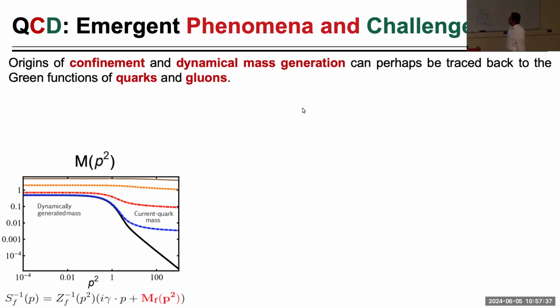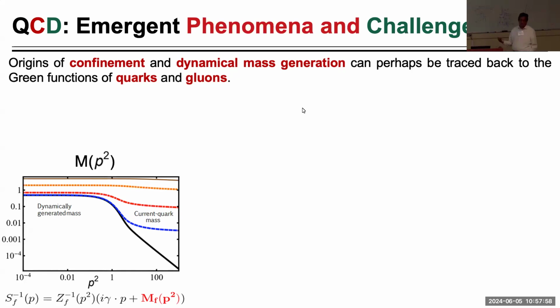Okay, so how do we try to understand that? One of the ideas, of course, as George was mentioning, is that it's the degrees of freedom which are important. We know that at the level of the Lagrangian, the degrees of freedom in QCD are the quarks and the gluons.